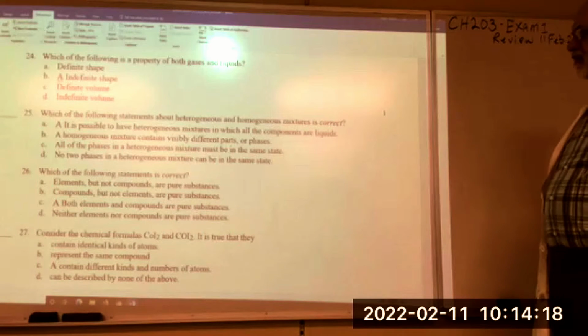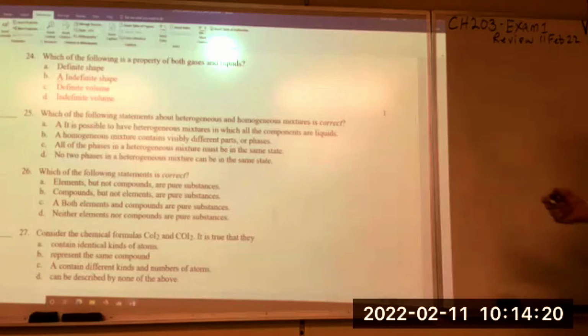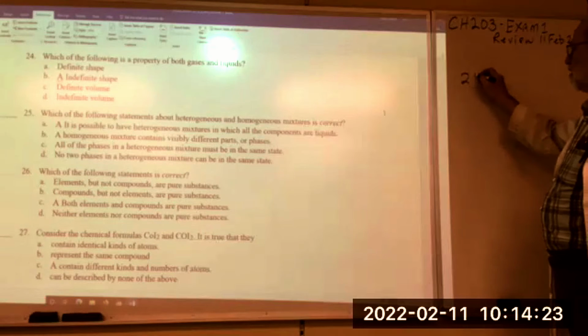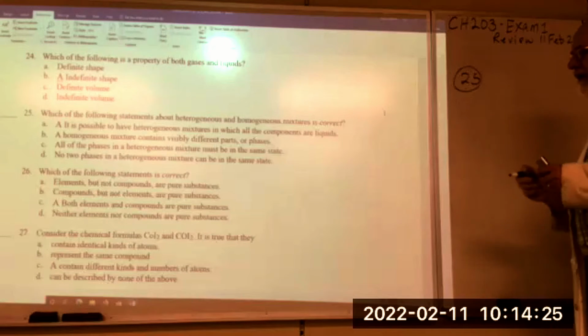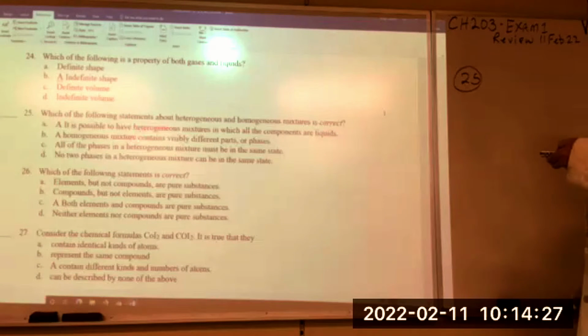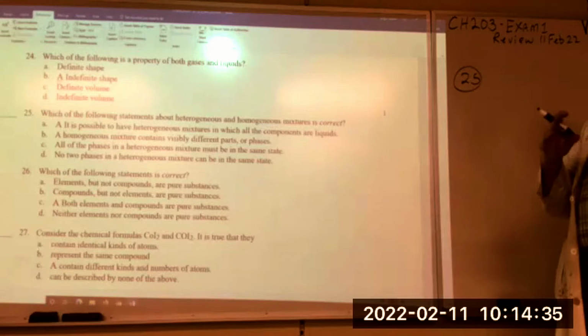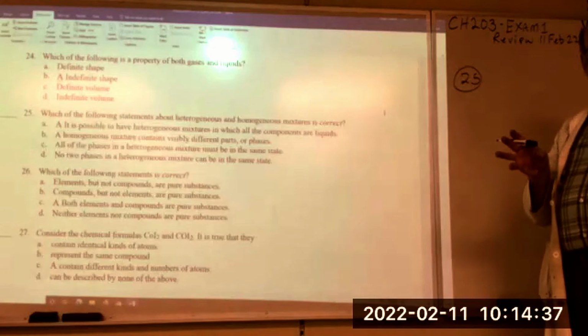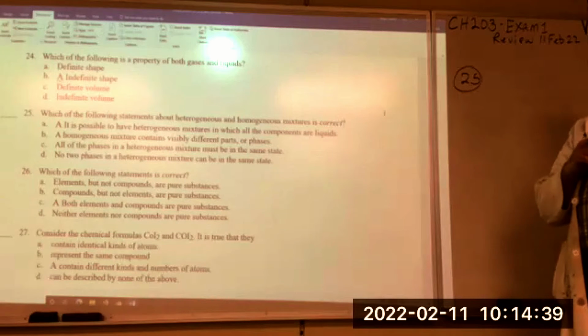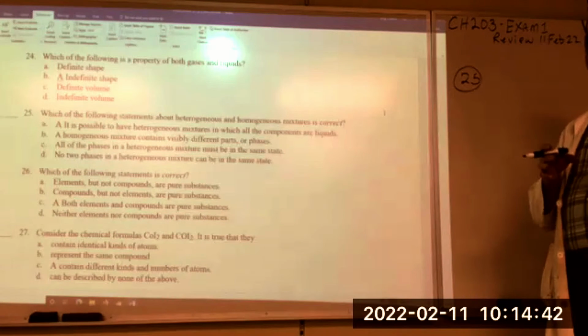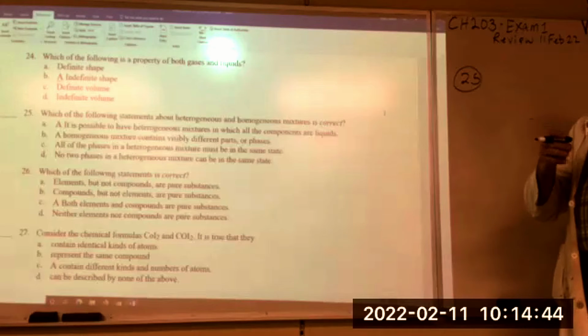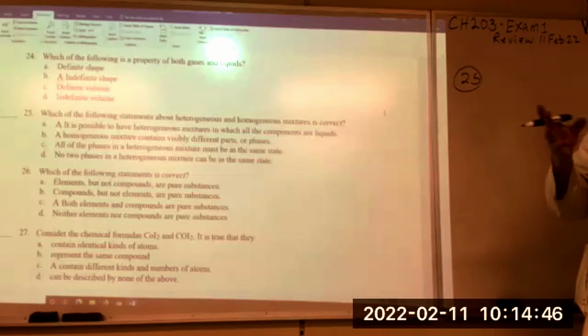Which of the following statements about heterogeneous and homogeneous mixtures is correct? Okay. Well, first of all, what's a heterogeneous mixture? You start with pure substances, and then you put them together, but they don't react chemically to change the identity of those substances. They're just kind of in the same space, close to each other.